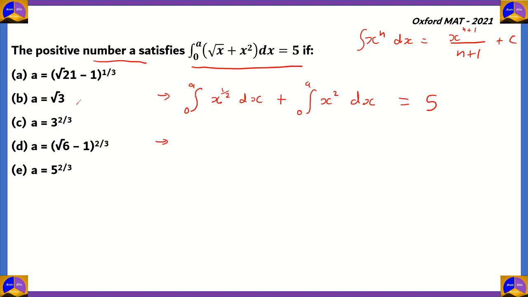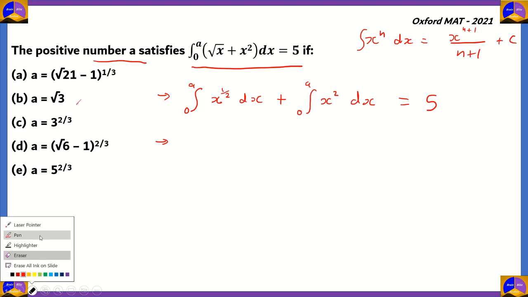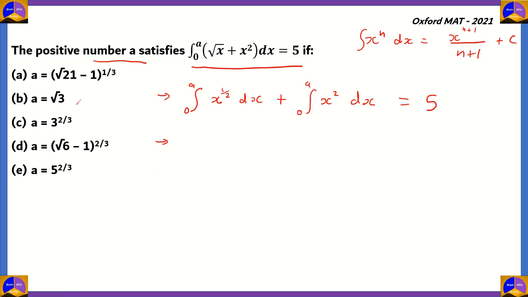So the first step is integral 0 to a x raised to half dx. So that, if we erase this particular integral sign, so that particular step is now going to be equal to x raised to half plus 1 over half plus 1. And these are within the limits 0 to a.